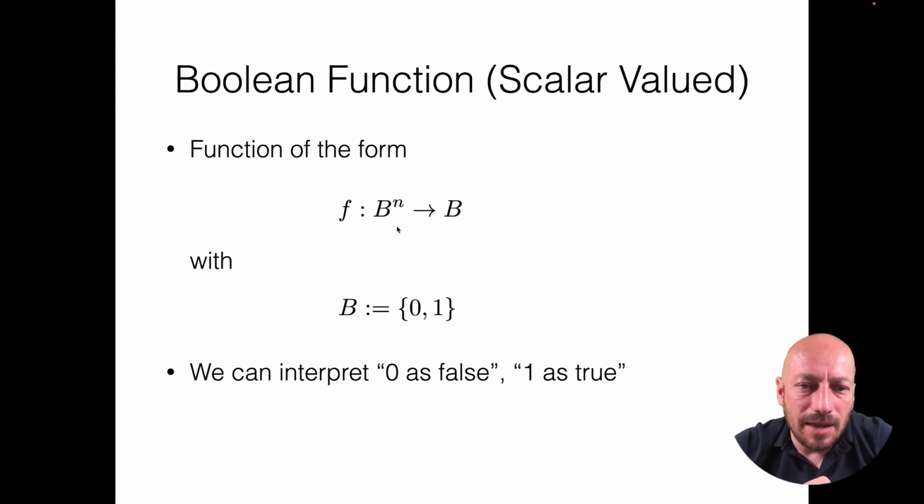Now, having here a Cartesian product with an exponent n means that we are describing a gate with n input connectors. For example, the NOT gate had 1 input, so then n would be 1. The other 3 gates, AND, OR, and XOR, had 2 inputs, then n would be 2.